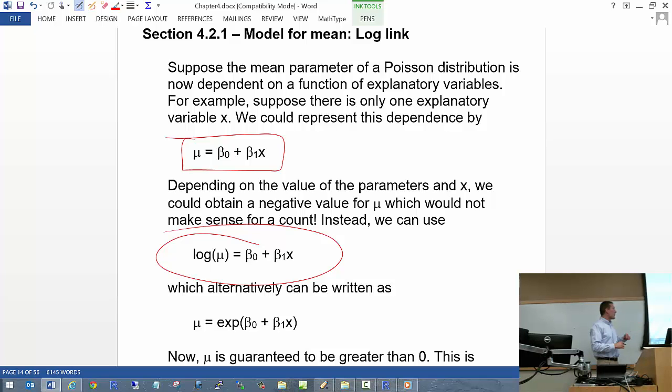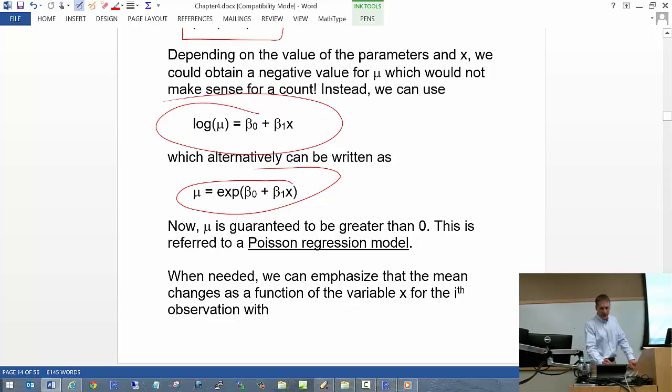We could use log of mu equal to beta 0 plus beta 1 times x, or in other words, mu is equal to e raised to the beta 0 plus beta 1 times x. Because I'm using the exponential function, I know for sure mu is going to be greater than 0. There you go, a simple fix. This, written in 2 different ways, is a Poisson regression model as a function of one explanatory variable.